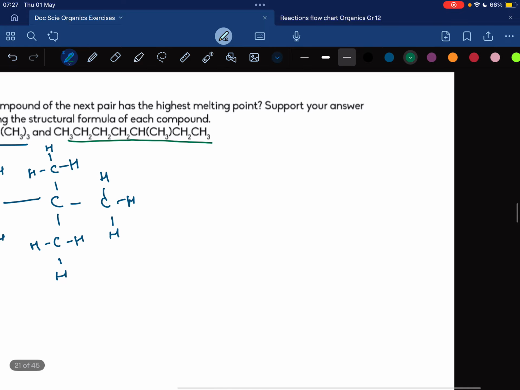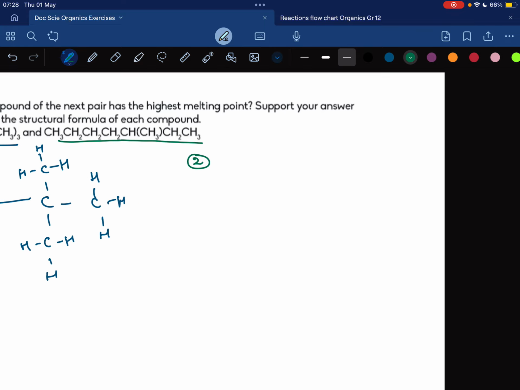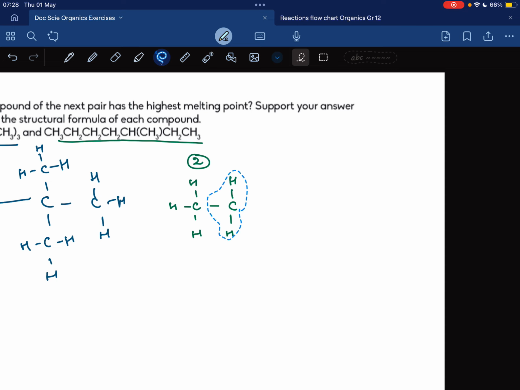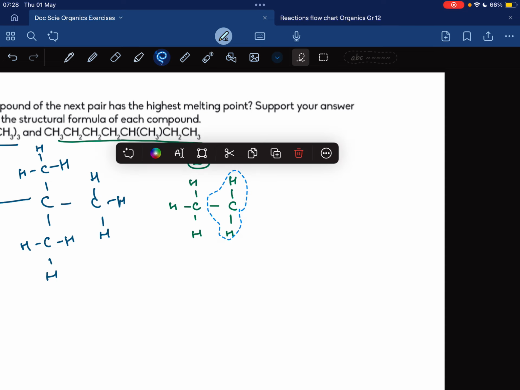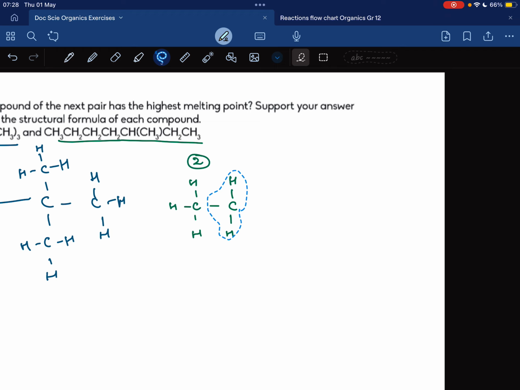Okay, and then the second one will be CH3, and then we have CH2, and that is repeated 3 times. Okay, let me just repeat this. Then we'll do another 2.